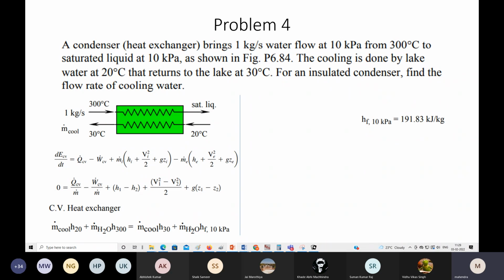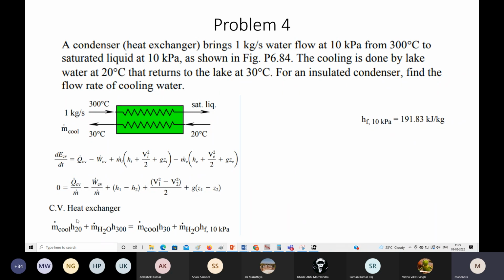So what is remaining? Only the enthalpies; apart from these enthalpies, all the terms would be 0. That is what we are considering. This is the cool water and the enthalpy at this particular location, plus this one.